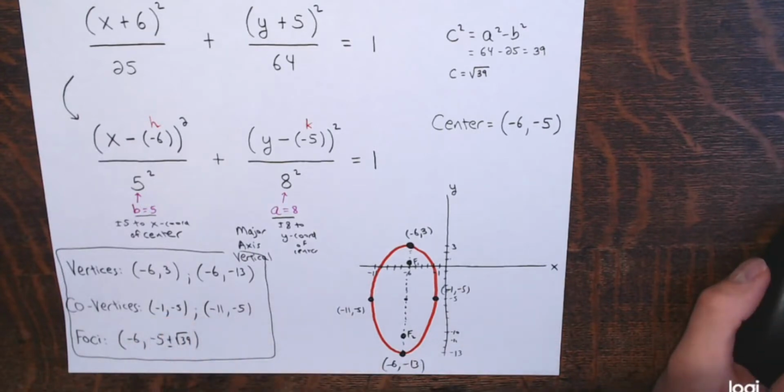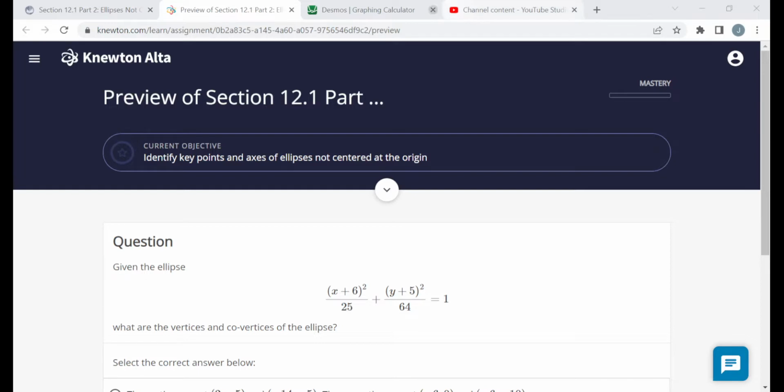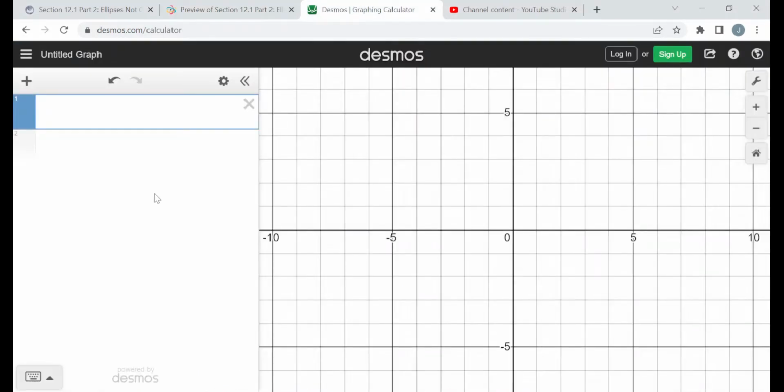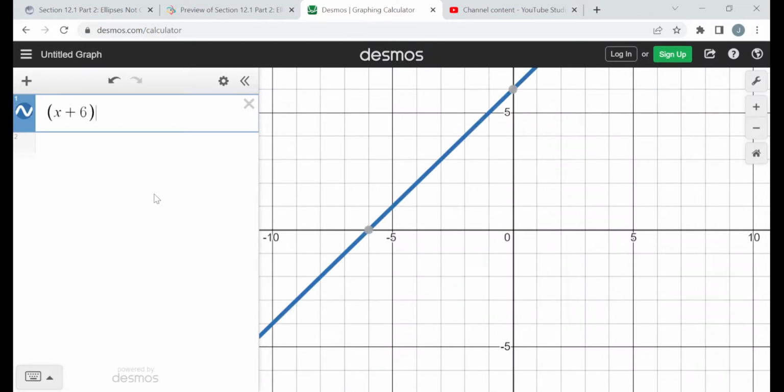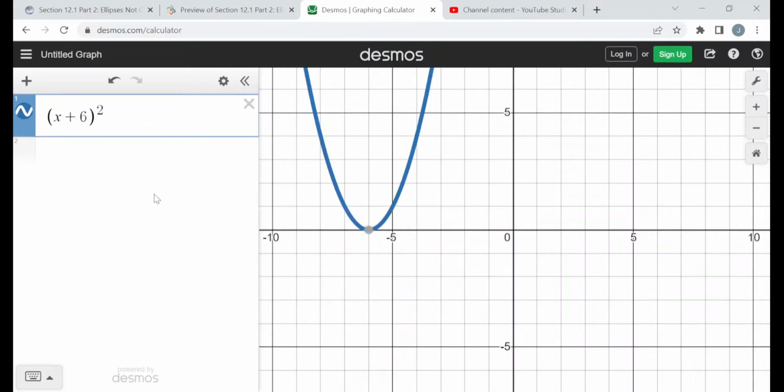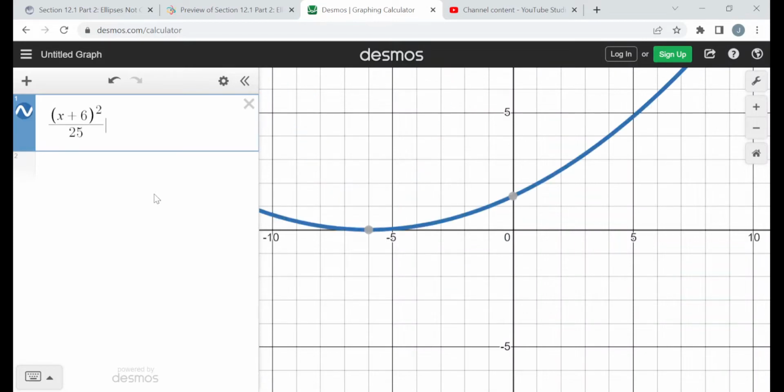Now you can look at a better picture too by going to the Desmos website, desmos.com, a free online graphing calculator. I'm just going to enter the equation they gave me: x plus 6 squared divided by 25 plus y plus 5 squared divided by 64 equals 1.